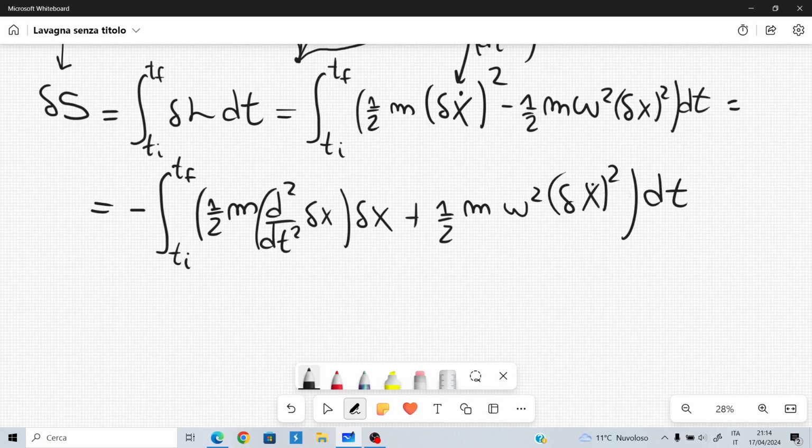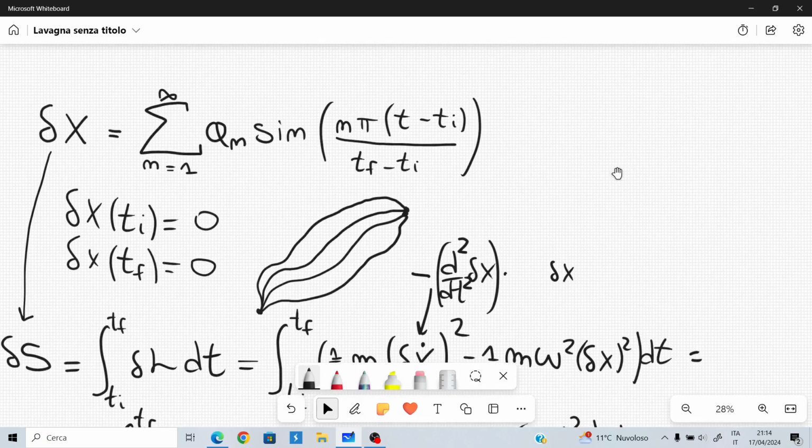So now I don't want to do all the calculations in this video, because I prefer the intuitive physical understanding behind these mathematical calculations. Now the task is quite simple. We have to replace delta x with its expression that we have imposed, this expression here.